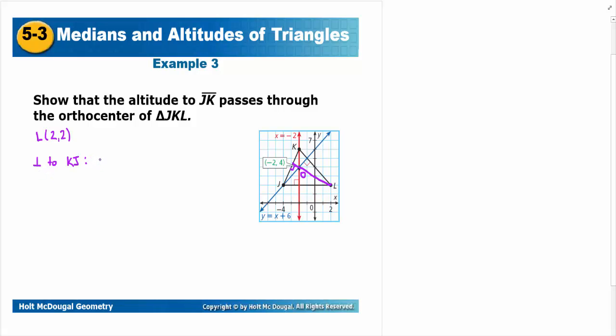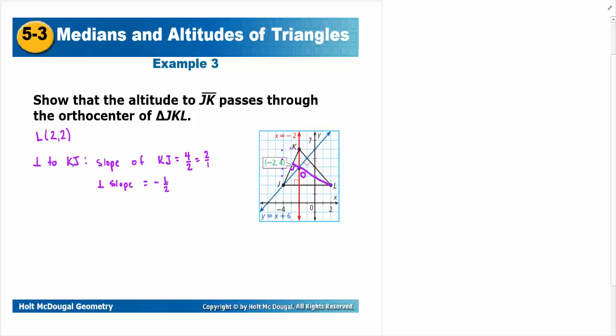So I need to find the slope of KJ. Let's do that. Rise over run: 1, 2, 3, 4, 1, 2. So 4 over 2, or 2 over 1. And the perpendicular slope, therefore, is going to be negative 1/2.